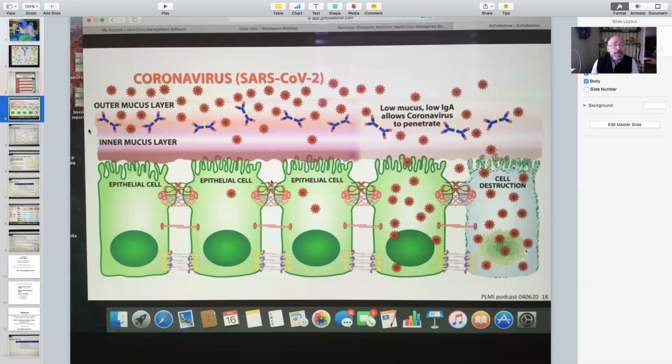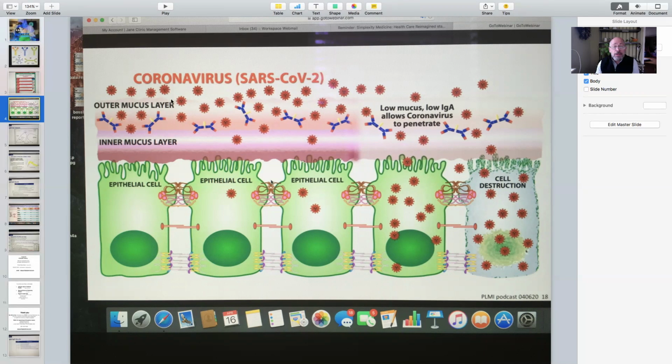Now, what we're going to look at is just a diagram of the entry point. These are called epithelial cells. The lining of this barrier system are epithelial cells. Your respiratory pathways, your GI pathways, epithelial cells. On the lining of that is that mucosal layer that you see here. There's an outer mucosal layer and then an inner mucosal layer. That's where mucus is produced, right?